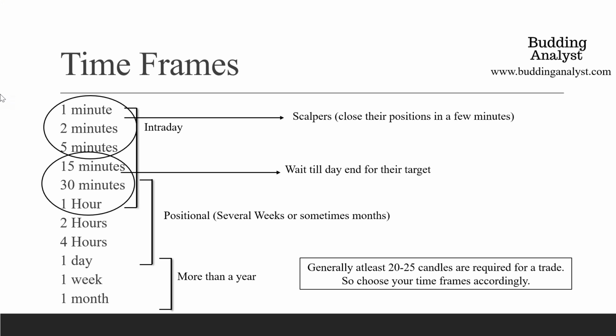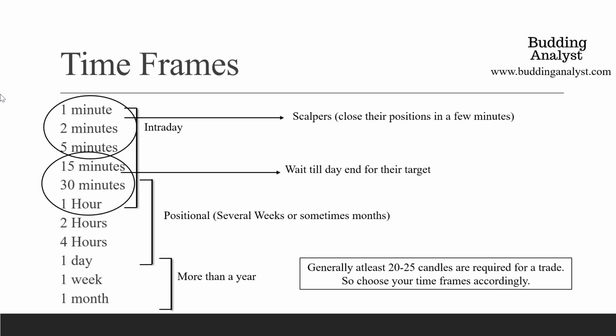If I believe that my stock price would reach my target levels in the same day, I'll use time frames of 5 minutes, 15 minutes, 30 minutes, and 1 hour. These are very basic things that you have to know, because when we perform technical analysis, we must know at which time frame we are performing the analysis.